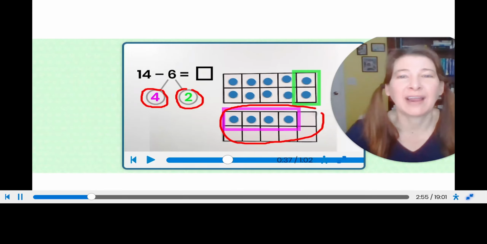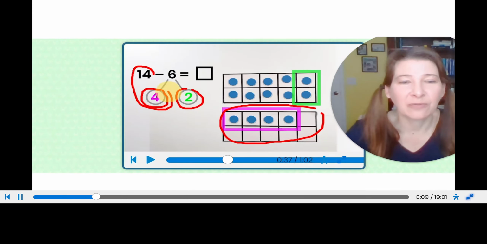You want to subtract everything you need to subtract to make 10. And then you need to subtract anything else that you need to subtract. So 14 minus 4 equals 10. And then they subtracted 2 more. 10 minus 2 equals 8.